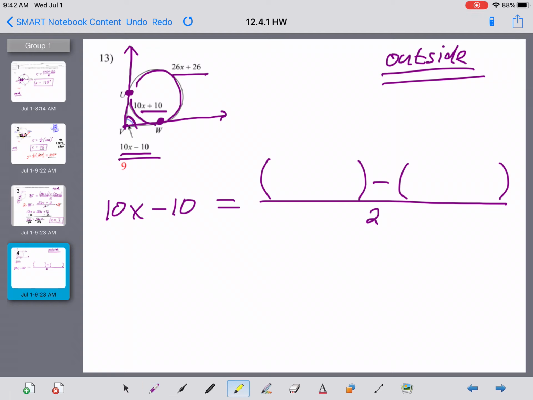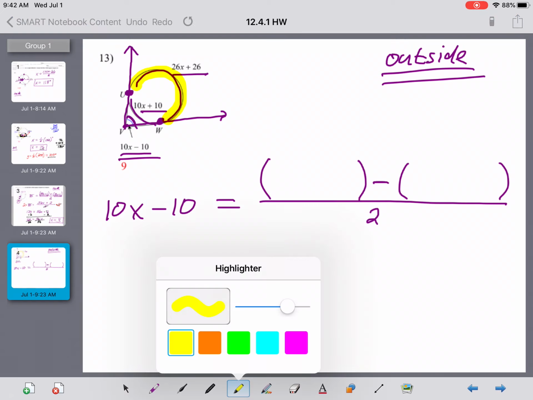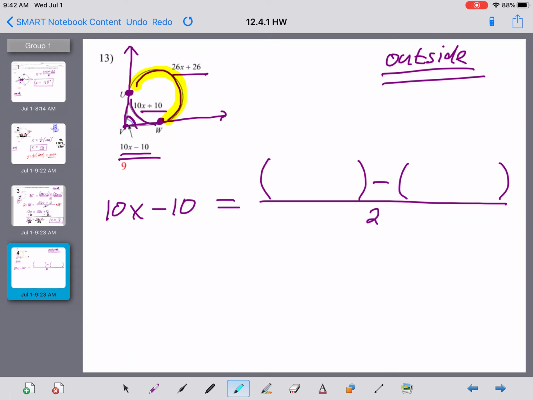What you guys can see here is that this circle is cut up into 2 arcs. And this one that I'm highlighting in yellow is what we call the outer arc. It's farther away from the vertex of the angle compared to what's going on right here from U to W, that minor arc, which is the inner arc. That's the one that's closer to the vertex of the angle.